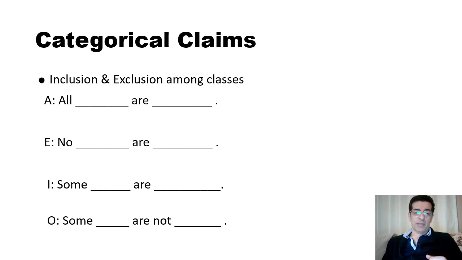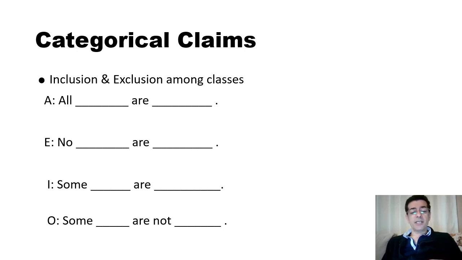One for the first blank, we called it the subject term, and one for the second blank, we called it the predicate term. Okay, so in my example, all Greeks are Europeans. What were our two terms? The first term, the subject term, was Greeks, and the second one is the predicate term, which was the Europeans.